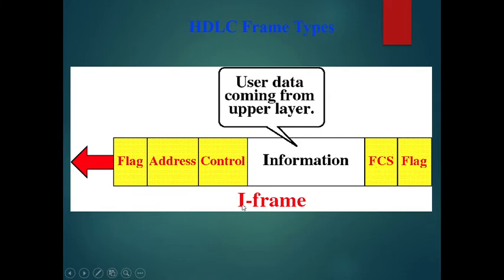In this I frame, the information will be the data which is coming from the upper layer. So this information is our actual data which is to be communicated, say, from one station to another station. That is how the I frame is going to look.